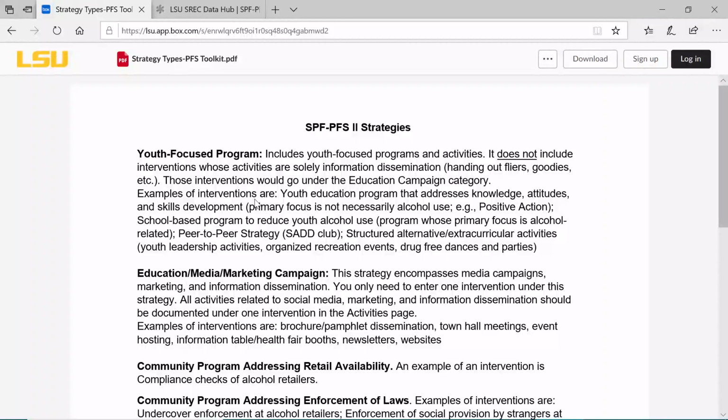They are programs and activities that are focused on youth. They're usually structured. They don't include interventions whose activities are solely related to information dissemination. For example, if you're giving out t-shirts or goodies at Red Ribbon Week, if you're handing out flyers for prom, those wouldn't go under Youth Focus program.